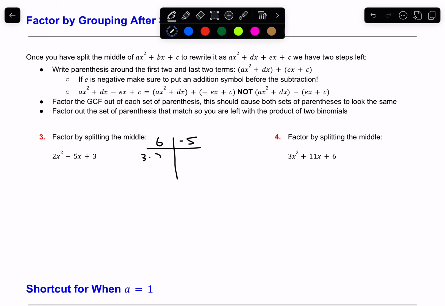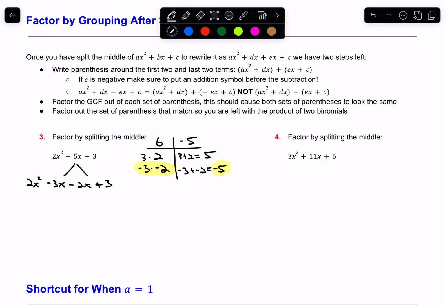So I might try 3 times 2 or negative 3 times negative 2, but we already know from before that 3 plus 2 didn't work because it was positive 5. Negative 3 plus negative 2 did work because it added up to be negative 5. So negative 3 and negative 2 were my numbers, which meant I could split this into negative 3x minus 2x. And the rest of the problem, 2x squared and plus 3, stayed there.